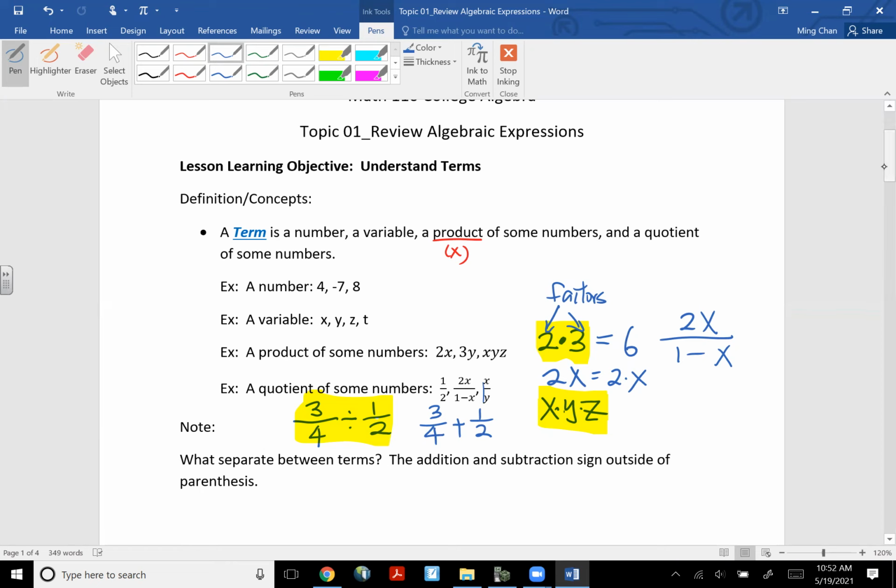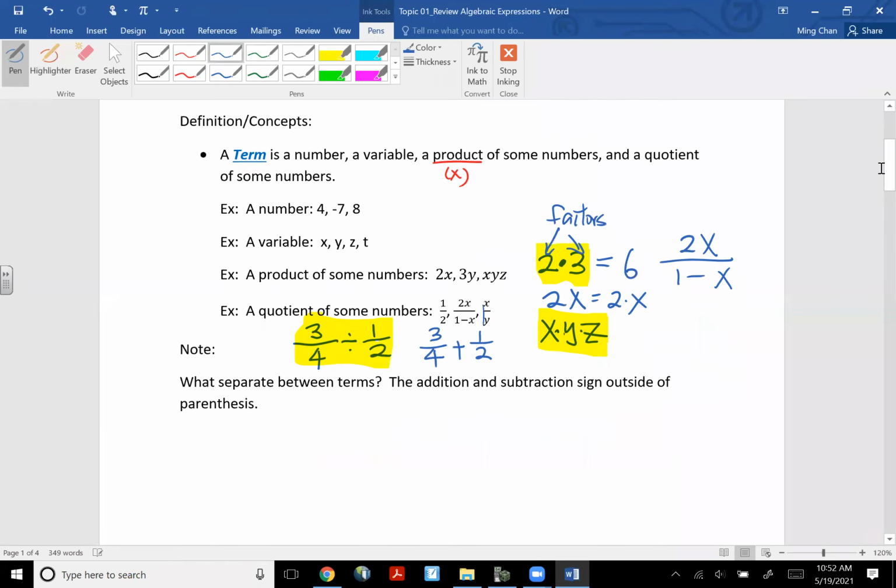So if you hold up two fingers again, how do you know it's two fingers? What separates terms on paper? How do I know how many terms I have? Well, what we're looking for is addition and subtraction signs outside the parentheses, which help us separate terms.